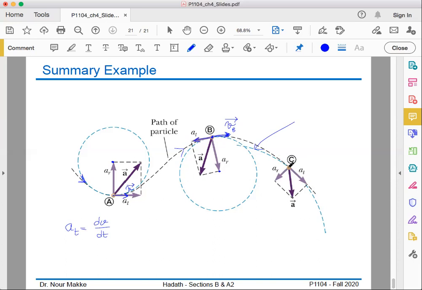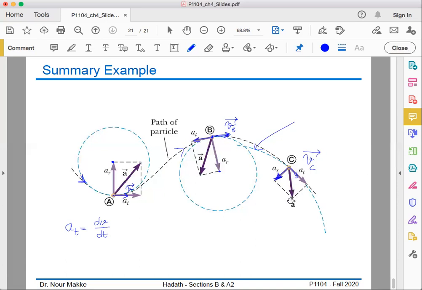At this point we can draw two things: first, the radial acceleration that points towards the center of the circle, and second, the tangential acceleration. If you draw the velocity, here is V at the point C. The particle is going down, so V is increasing. Therefore dV/dt is positive, and so A_T points in the same direction as V. And you can finally reconstruct the total acceleration vector A.